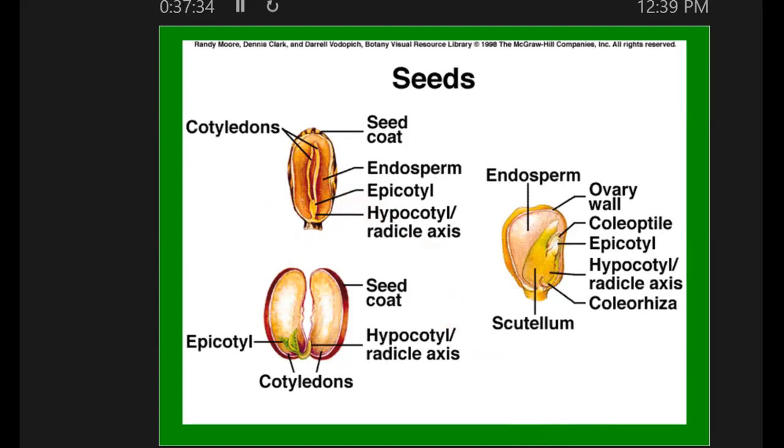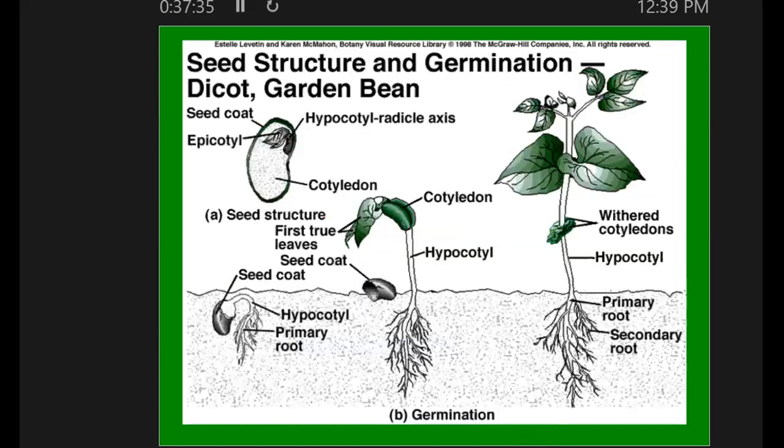Okay, so you'll look at some of those again in lab. And of course, the goal here is, and we'll talk more about this next week when we get into pollination strategies and seed dispersal strategies, that from the plant's perspective, it wants to get that seed fully mature and ready to go, and then encased in fruit tissue.